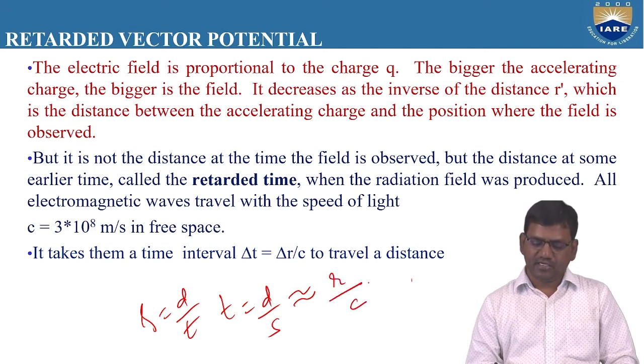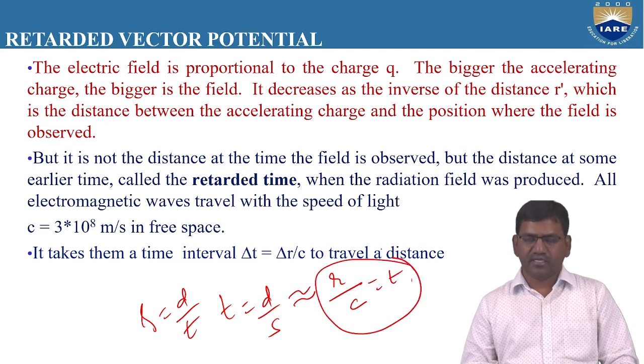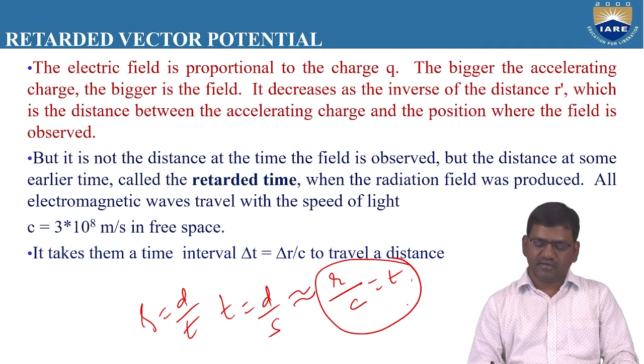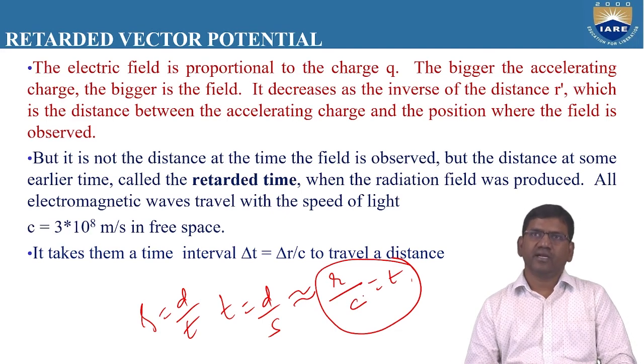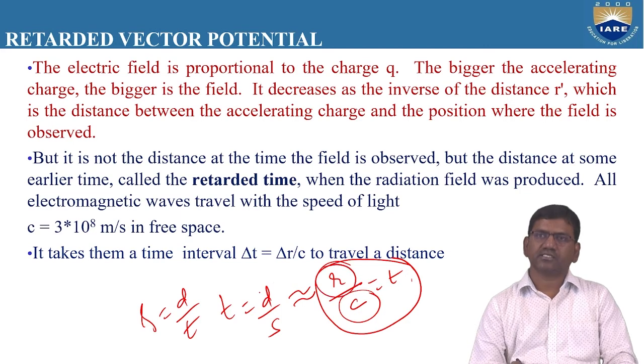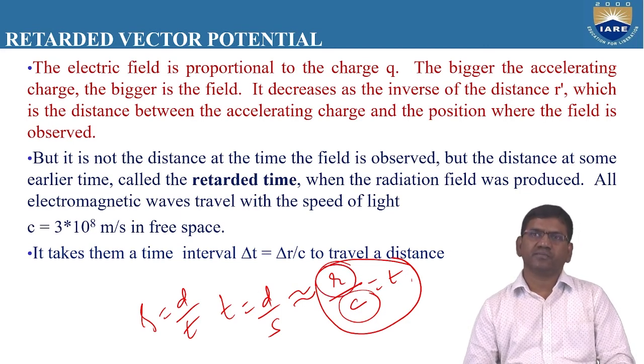This is the time interval taken by the electromagnetic wave to reach a distant point, with respect to the velocity and the distance. That means t = r/c.